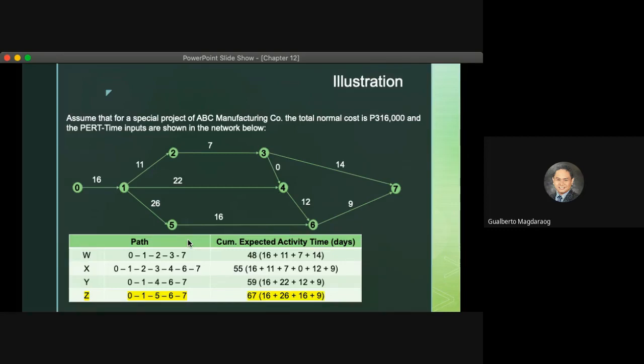Let's try to look for the critical path. Again, what's the critical path? The path with the longest time.